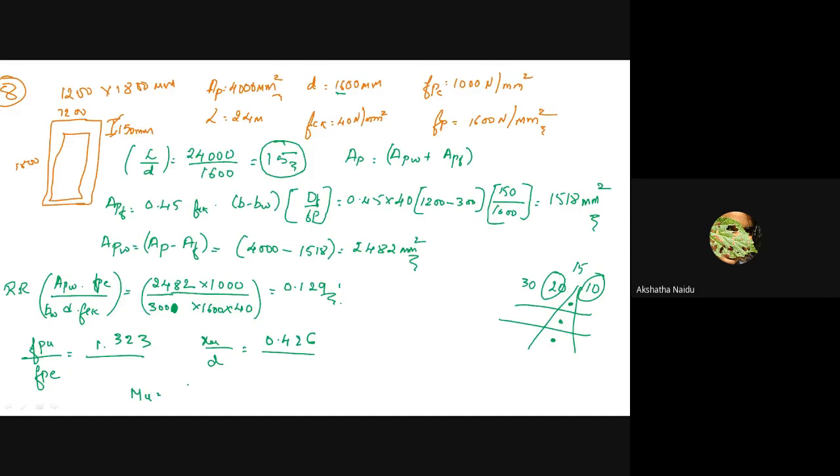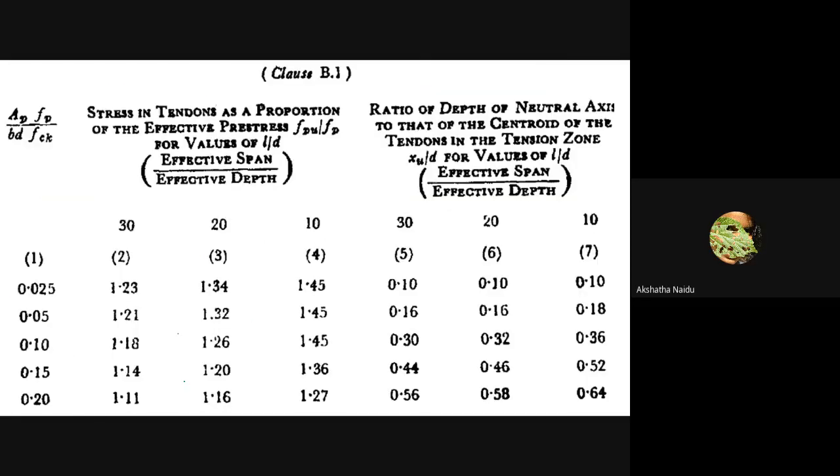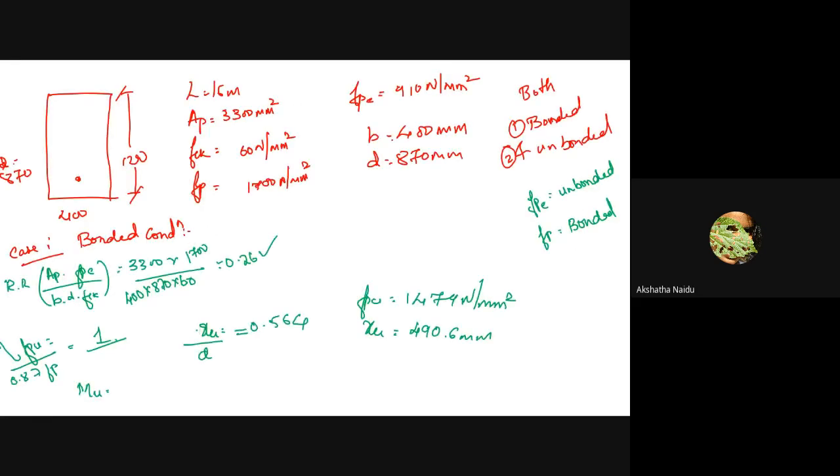Sir, in this do we have to take the equation AP is equal to APW plus APF? No, not required. Here it is only a rectangular section, not a T section.